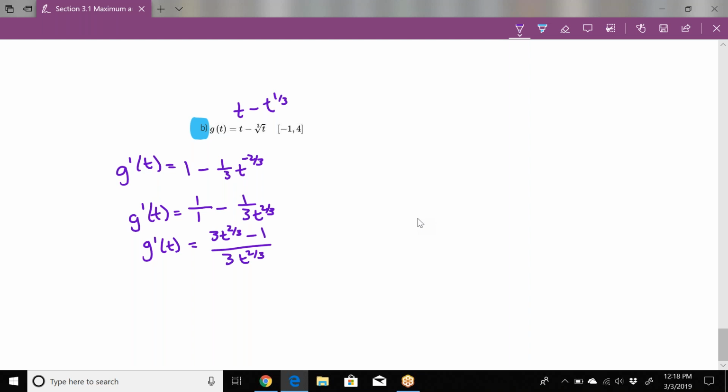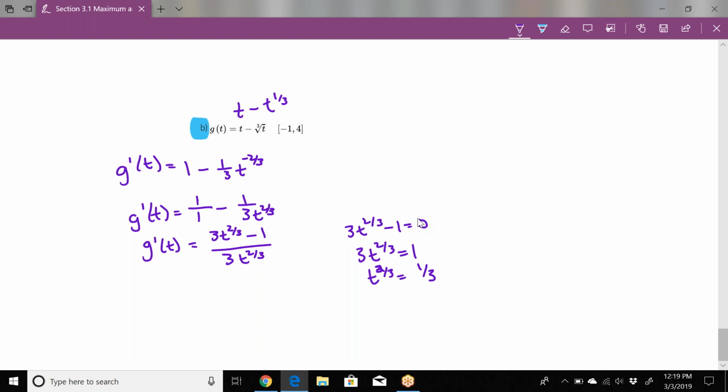So now we want to set each of those equal to 0 to see where we are actually having our issues. So if you set the top equal to 0, that's going to be 3t to the 2/3 minus 1 equals 0. So that's going to be 3t to the 2/3 equals 1. Divide by 3. That's 1/3. And then this is to the 2/3 power.